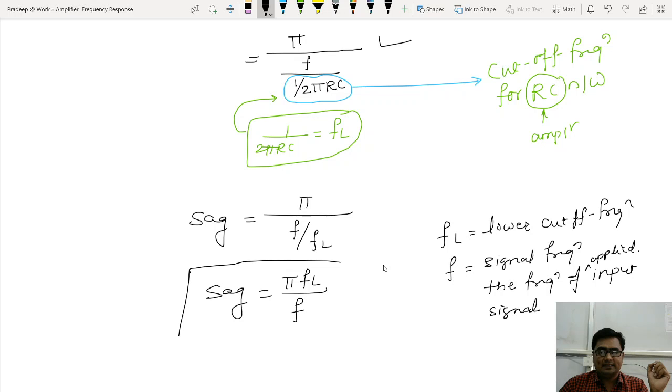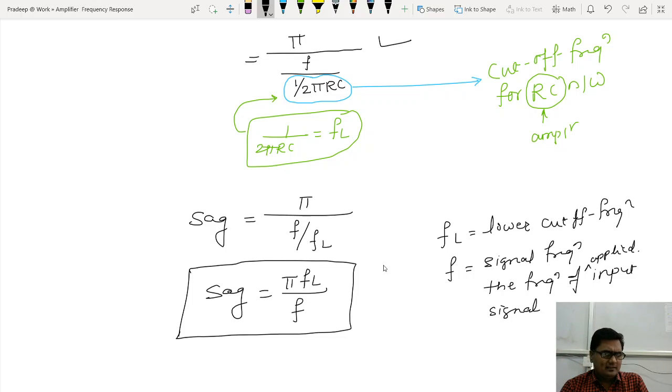Sag is equal to pi fL divided by f. Now look at this: the sag I have expressed in terms of the lower cutoff frequency as well as the applied frequency. We know that the applied frequency is very small because we are doing this at lower frequencies. At lower frequencies sag is produced. Sag is equal to pi fL divided by f.